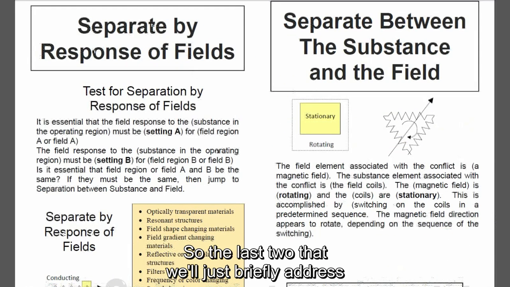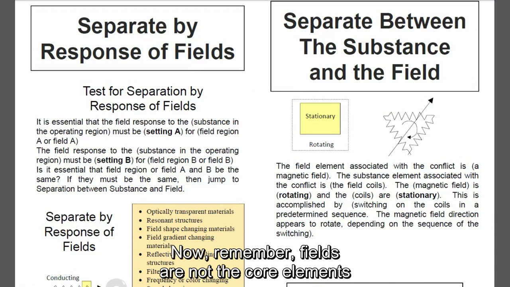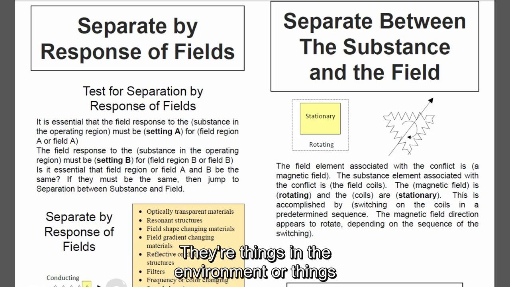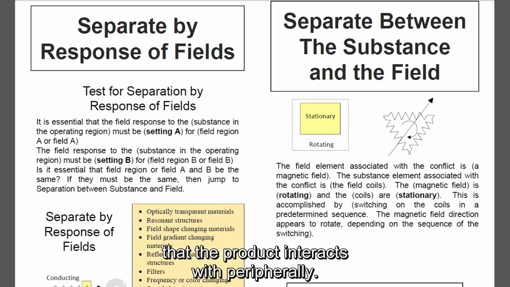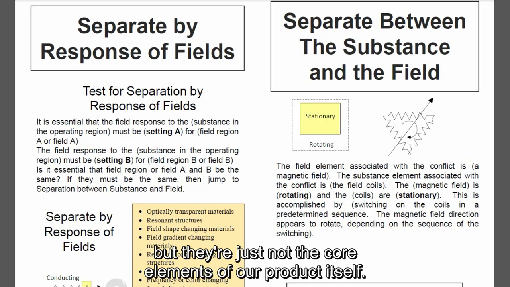So the last two that we'll just briefly address deal with fields. Now remember, fields are not the core elements of our product. They're things in the environment or things that the product interacts with peripherally. And they may be very important to the operation of it, but they're not the core elements of our product itself.